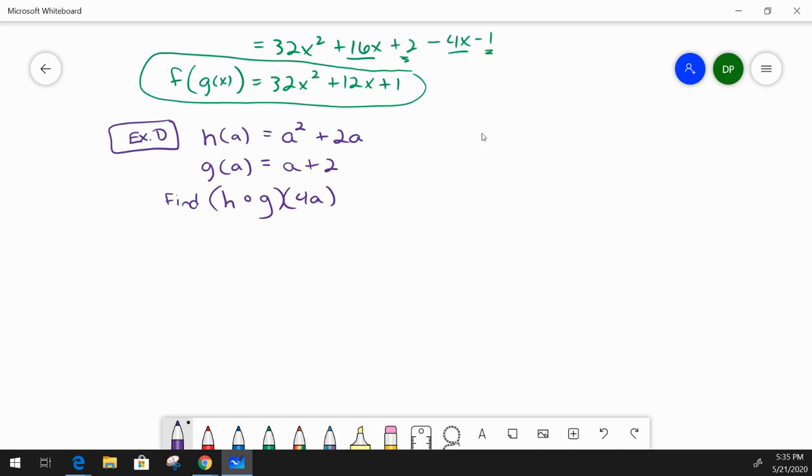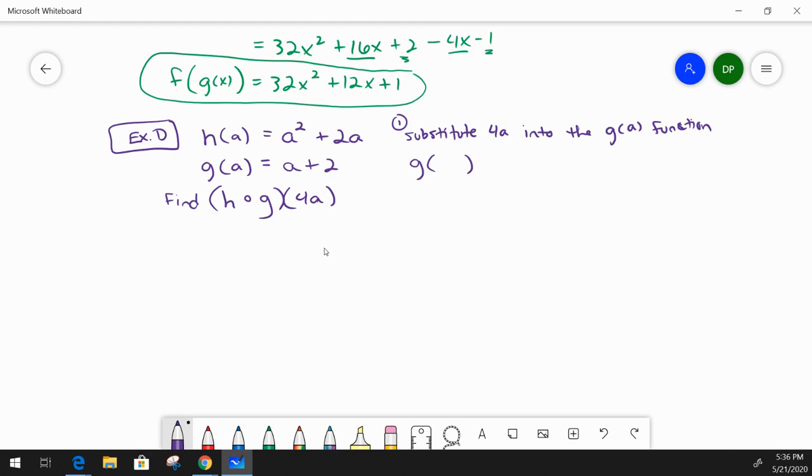So again, what this means is we're going to substitute 4a into the g of a function. So that's going to be my step 1.